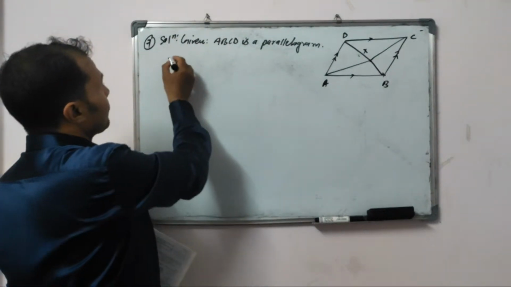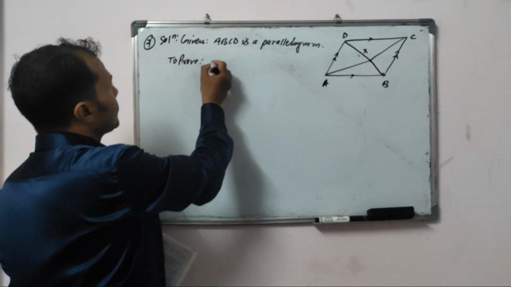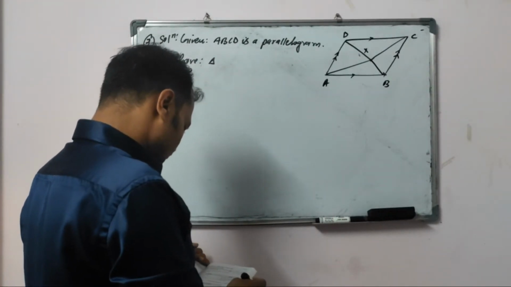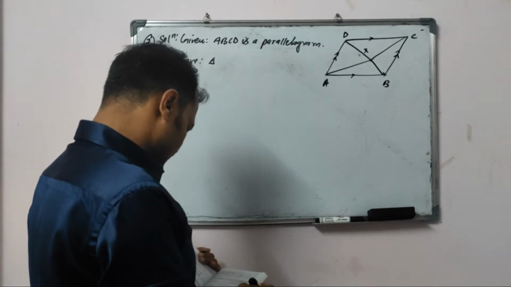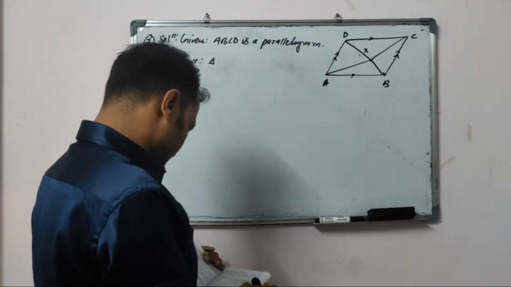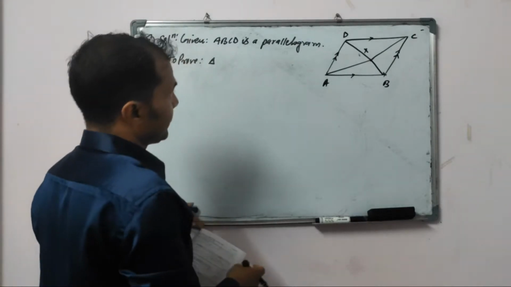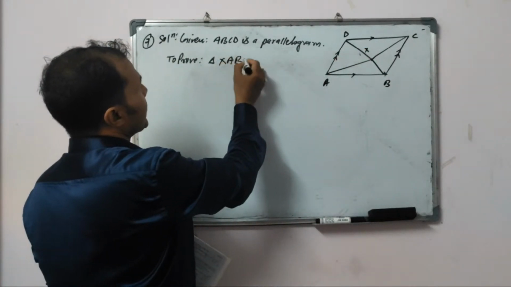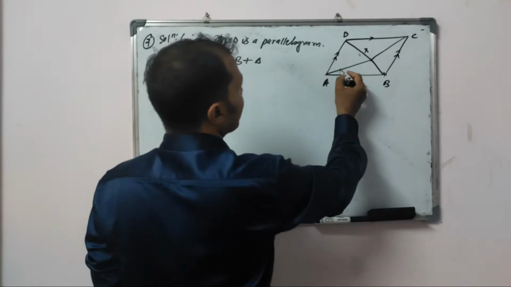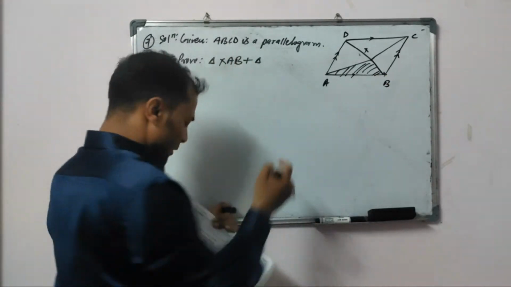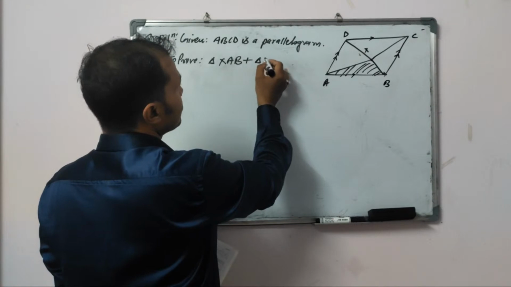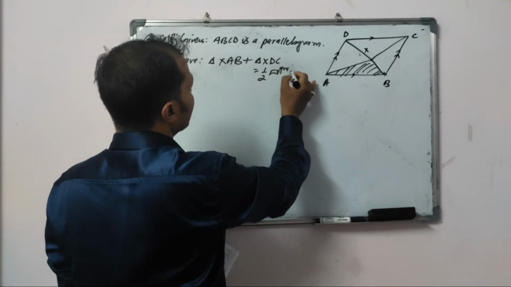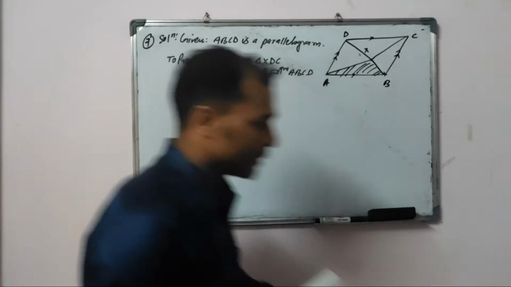To prove: triangle XBC plus triangle XAB... so we have to prove triangle XAB plus triangle XDC equals half of parallelogram ABCD. Okay, so this is the question.